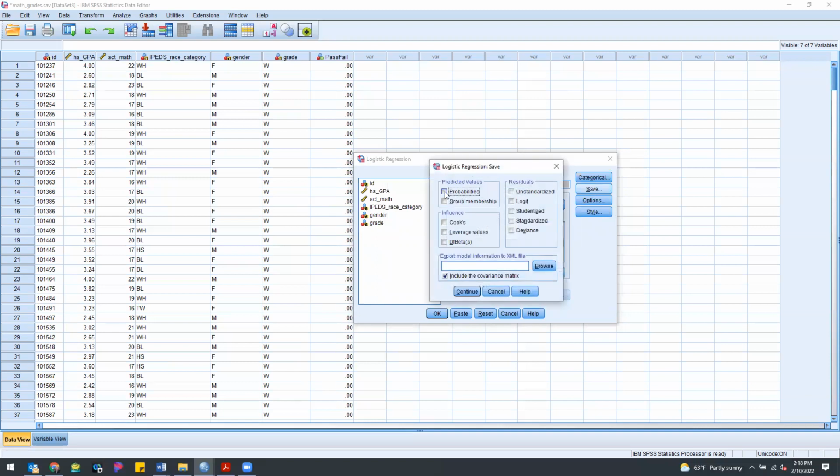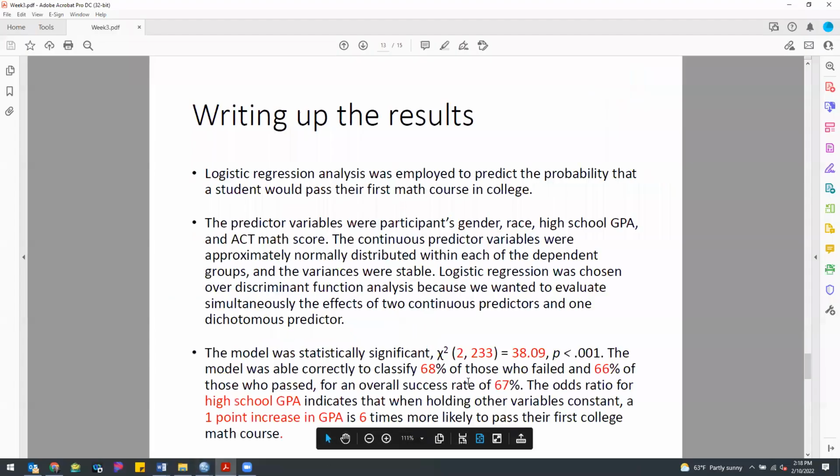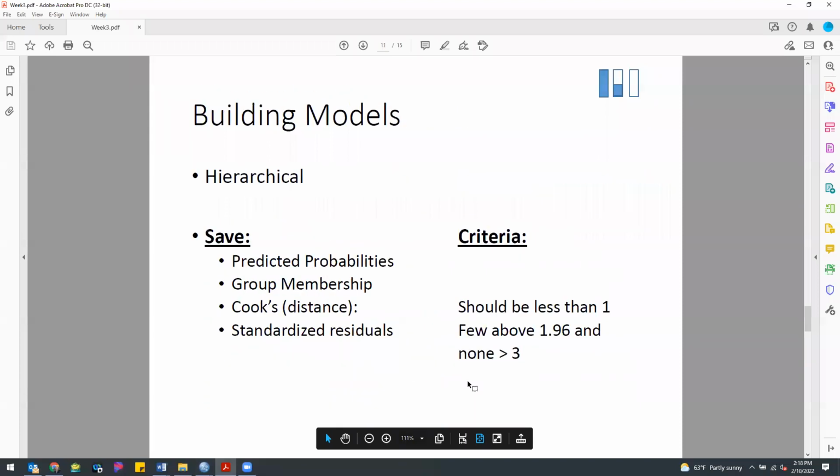Also, what we'll want to save is our predicted value for probabilities and group membership, as well as standardized residuals, including our Cook's distance. So this will, again, help us if you go back to your notes. You will see that we want to look at Cook's distance of less than 1 and standardized residuals of very few above 1.96, but none above 3.